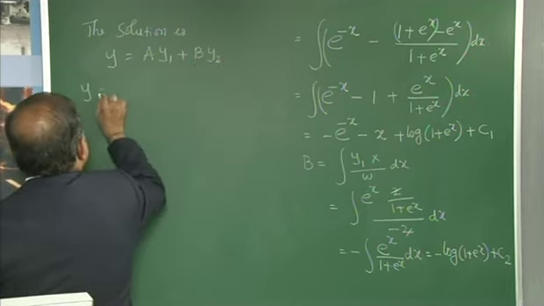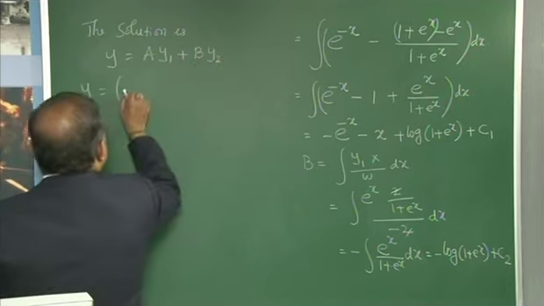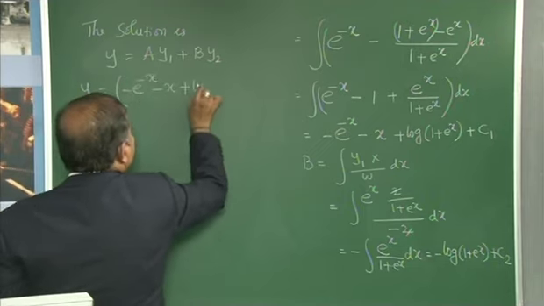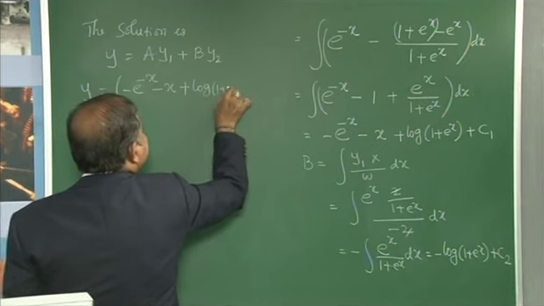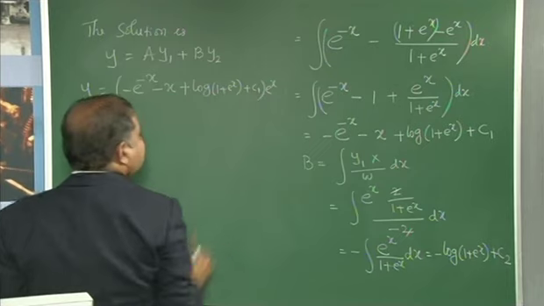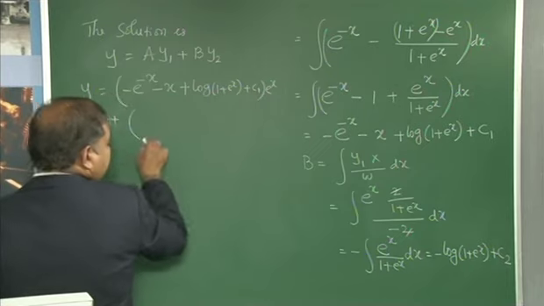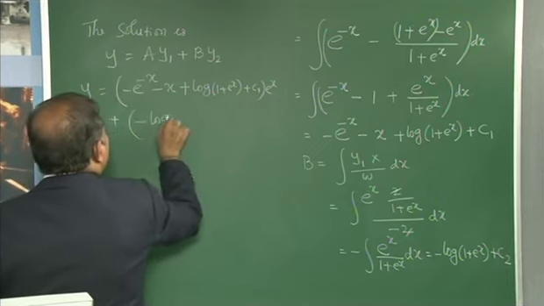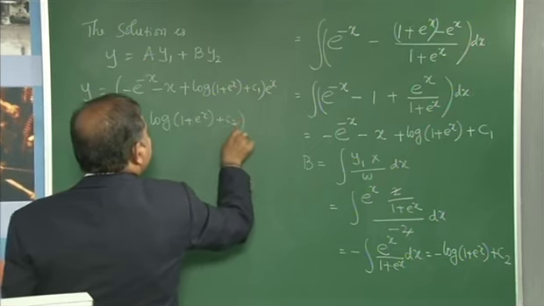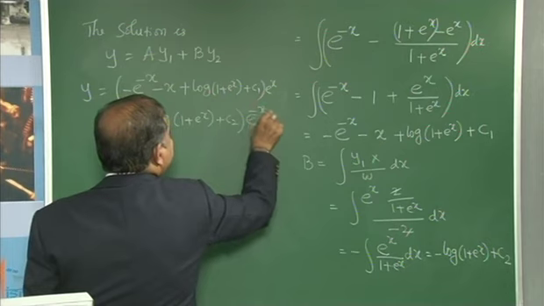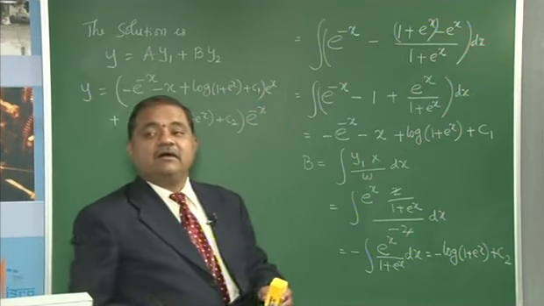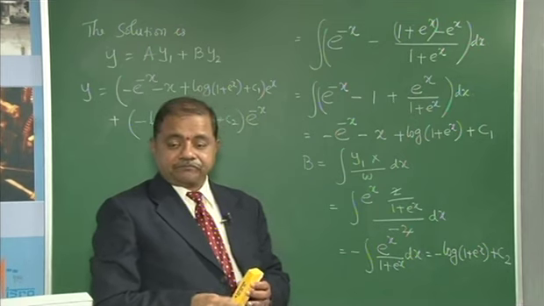So, y is equal to a times minus e power minus x plus log of 1 plus e power x plus c1, into e power x, plus b times minus log of 1 plus e power x plus c2, into e power minus x. So, in the third set, this is the idea for e power x.